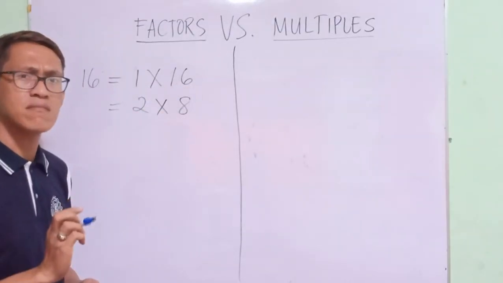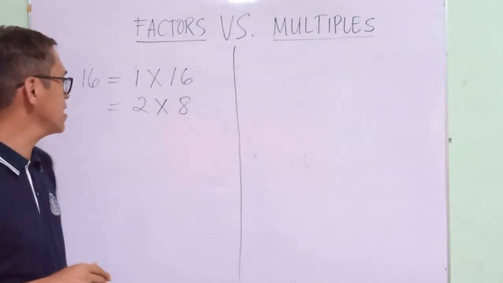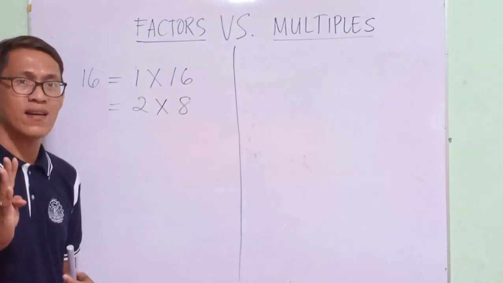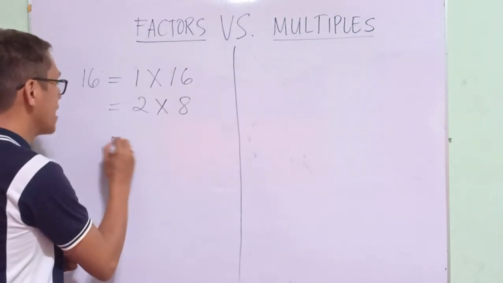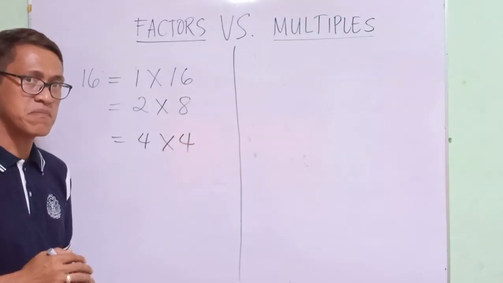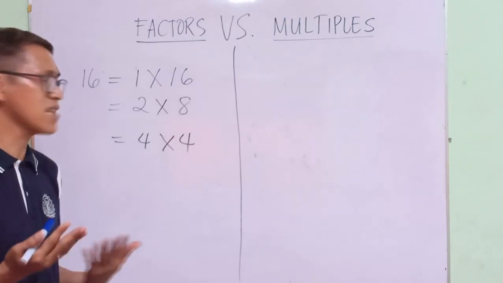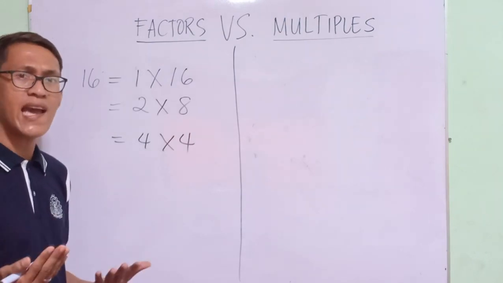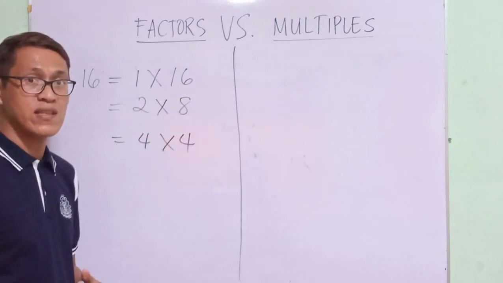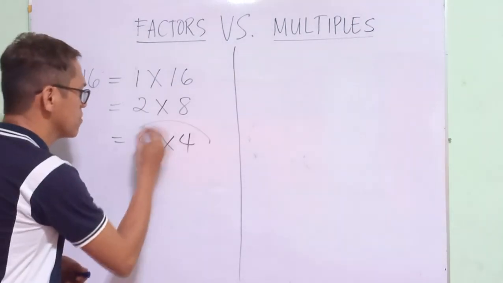What about 3? Can you think of a number multiplied by 3 that will give you 16? There is none, right? What about 4? Yes, 4 times 4. You're right. What about 5? Not 6. Not 7. Not 8. If there is none, these are the only factors of 16. But look at these two.